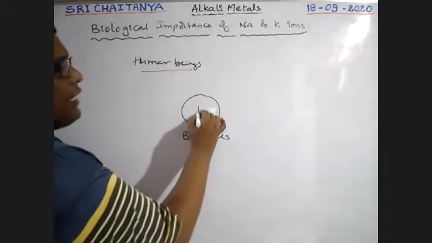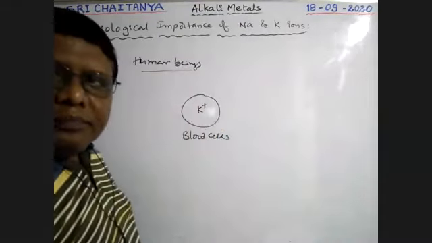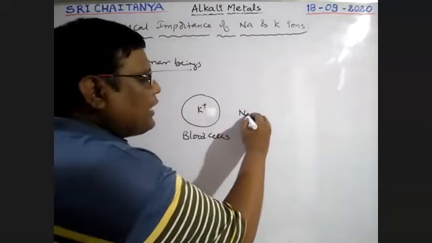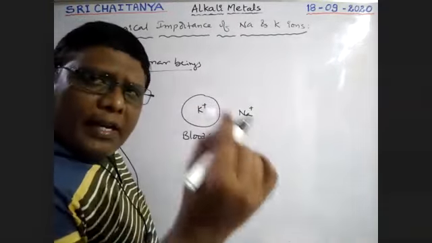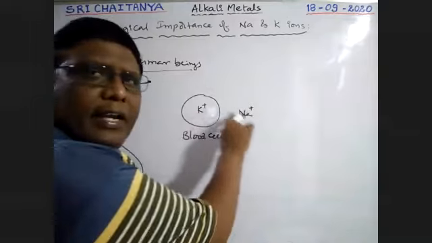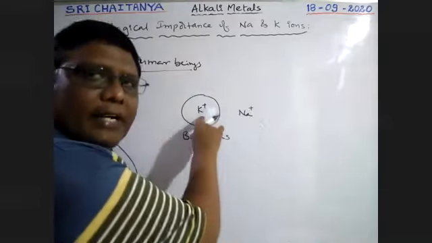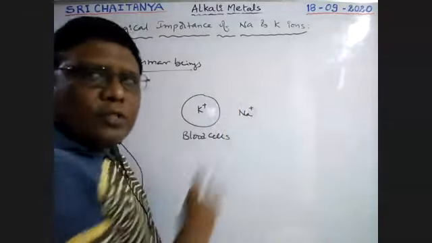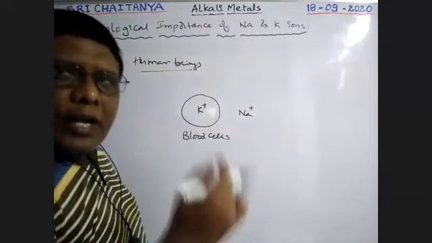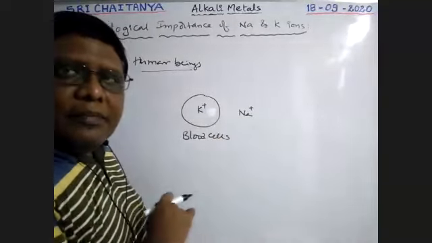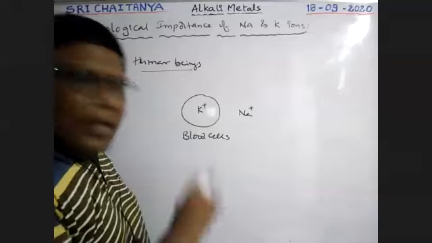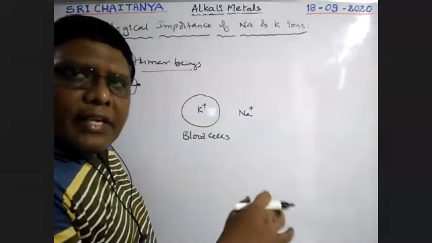Inside the cell contains mostly potassium ions, and outside the cell contains sodium ions. But a little bit of potassium is outside, and a little bit of sodium is inside. Majorly potassium is present inside the blood cells, and sodium is outside the blood cell.